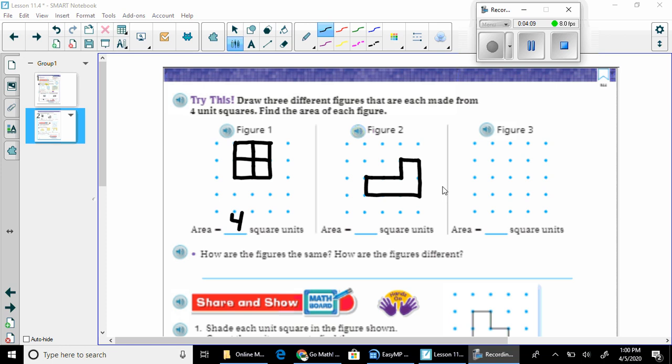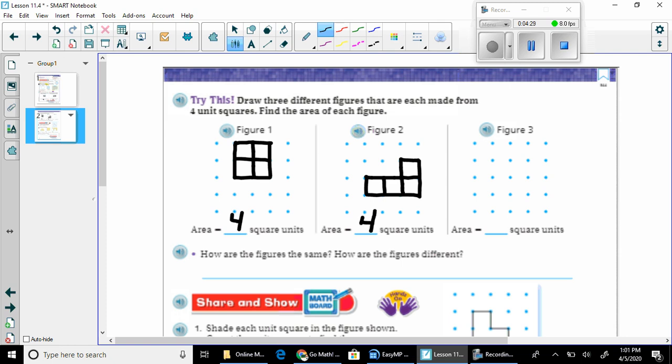So I'm going to go ahead and block off my units. There is 1 unit, there is 2, 3, and 4. So down below I have an area of a shape with 4 square units.